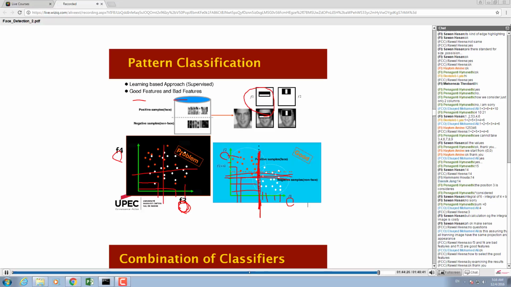Normally, to generate this kind of line, we use some linear classification, a linear formula like AX plus B. But in this algorithm, because we are using a very simple classifier, the Haar-like feature, it is just a threshold.